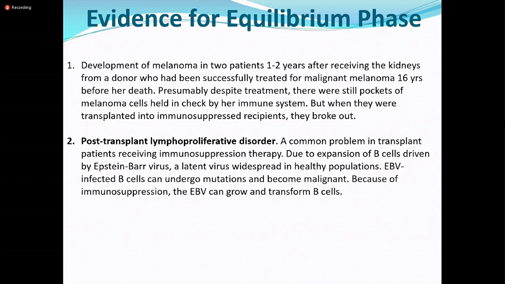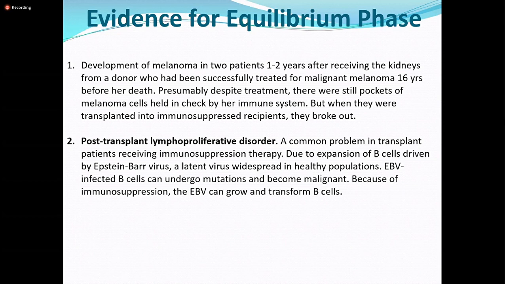The conclusion from this was that despite that chemotherapy, even though it seemed like she'd been cured, there were pockets of melanoma cells still living within the kidneys, such that once they were transplanted, these recipients were under immunosuppressive drugs. These melanoma cells were allowed to break out.